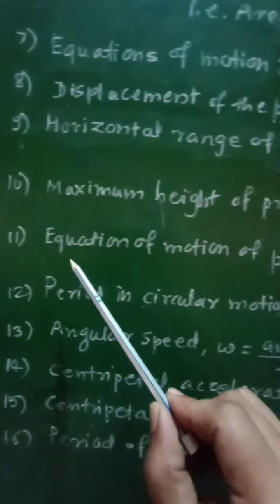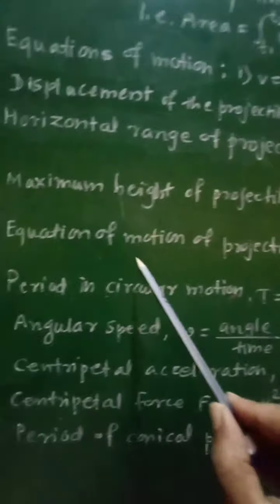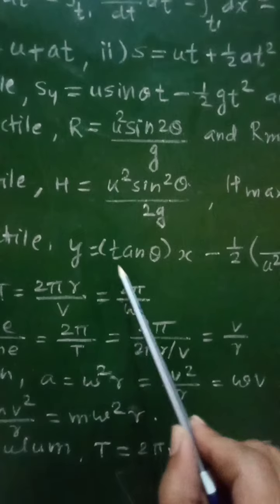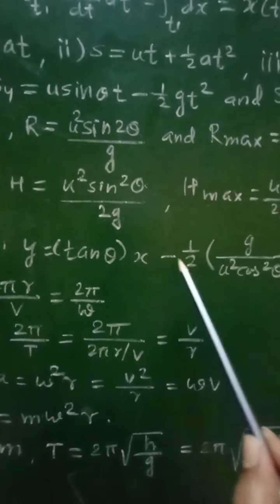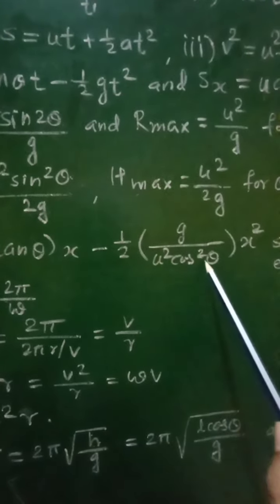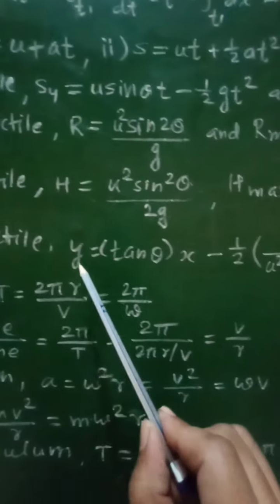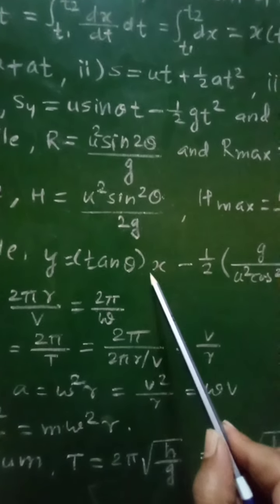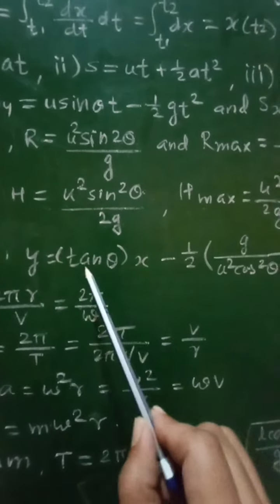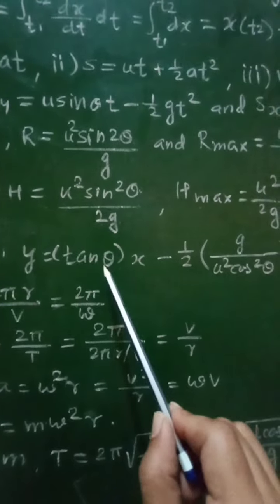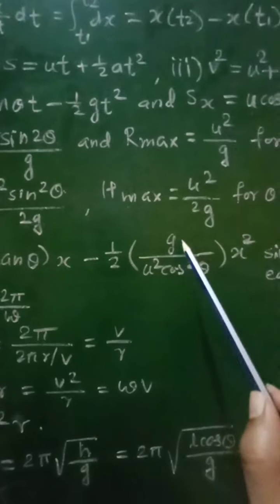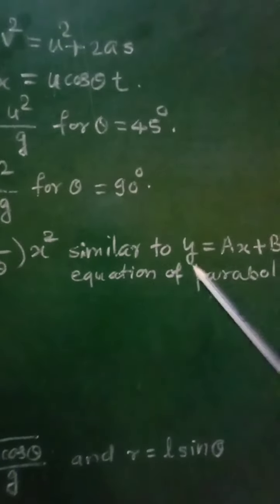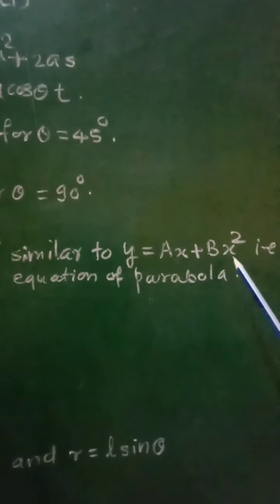Then the 11th formula gives the equation of motion of the projectile, which is given as y equal to tan theta x minus half g upon u square cos square theta x square. That is, y is equal to x into tan theta, minus half g upon u square cos square theta x square, which is similar to y is equal to ax plus bx square.